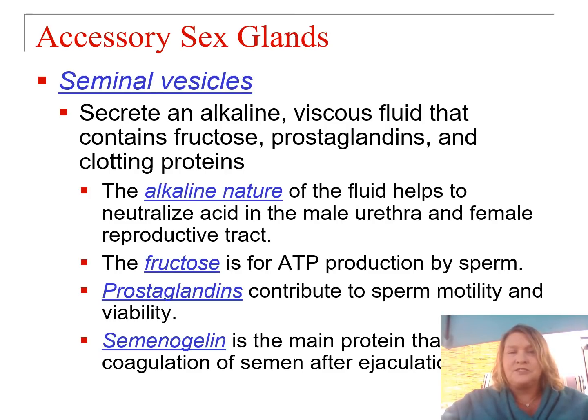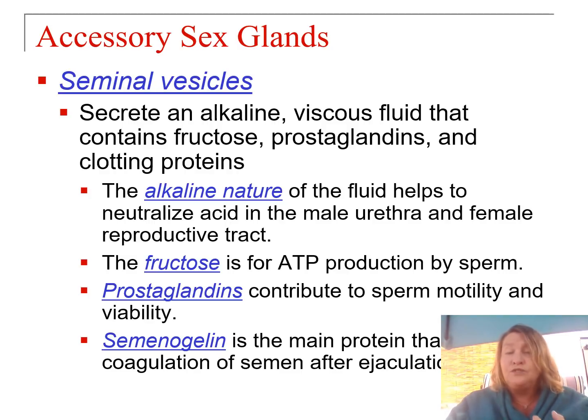Okay, those seminal vesicles. These are considered accessory sex glands. And I'm going to talk about a couple of them and what they secrete. And it's important that you know what they secrete. So seminal vesicles secrete an alkaline, remember, alkaline means basic, very viscous fluid.